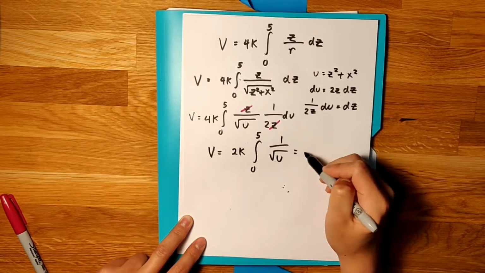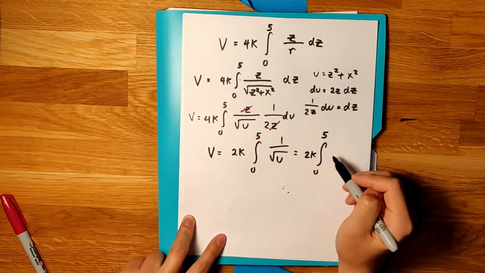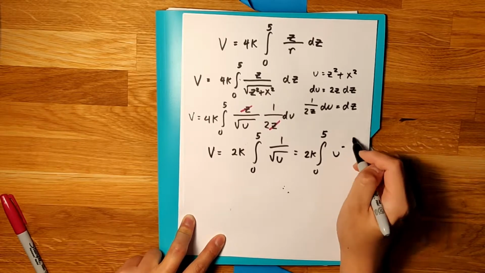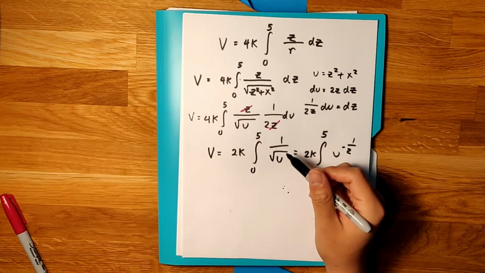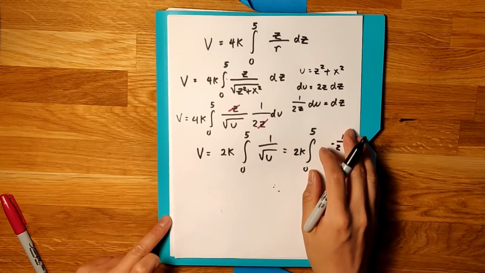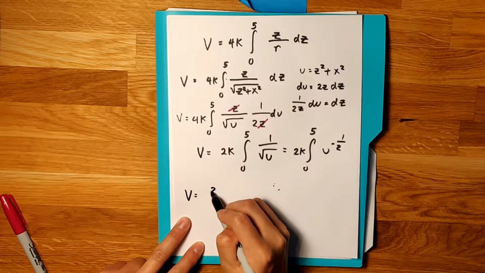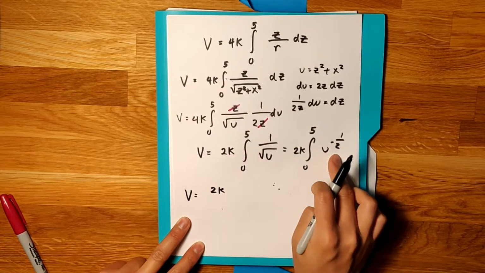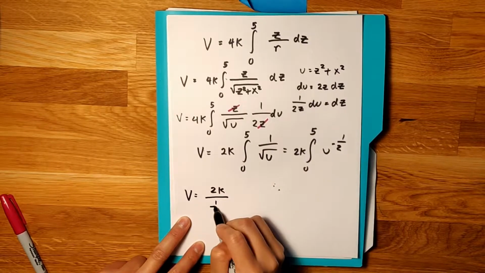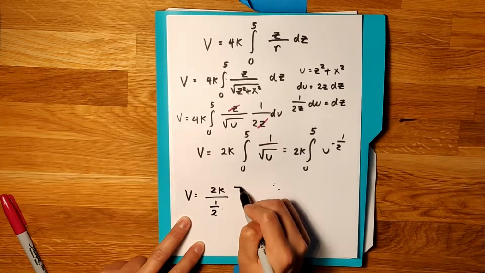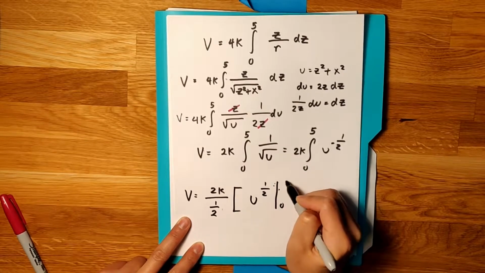And this will just be equal to 2k, 0 to 5, of u to the negative 1/2 after we bring this to the numerator. And now this is just a simple integral, and we will just get V equal to 2k, and if you take the integral of this, we'll get divided by 1/2, and then it will be u to the 1/2 from 0 to 5.